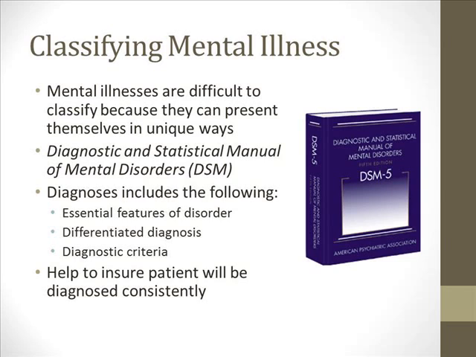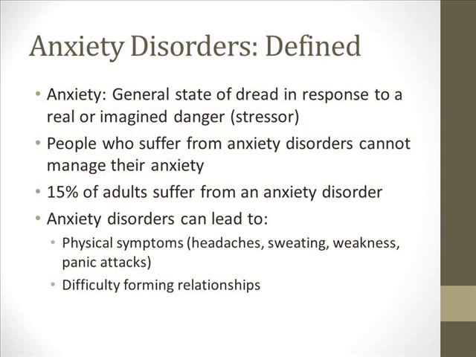What are some things that are very much like the disorder that they're suffering from? And what is the diagnostic criteria? So what do psychologists have to look at when they're making that diagnosis? So they use all these different categories to try to classify what a person is suffering from. And again, the whole point of this is to help to ensure that a patient will be diagnosed consistently and correctly, regardless of who is making the diagnosis.